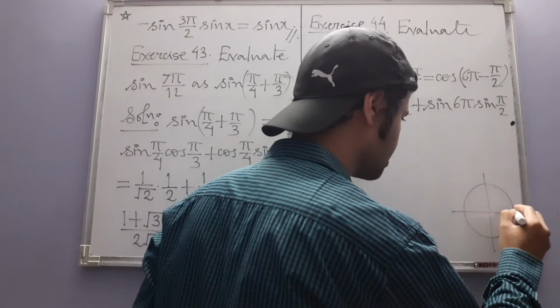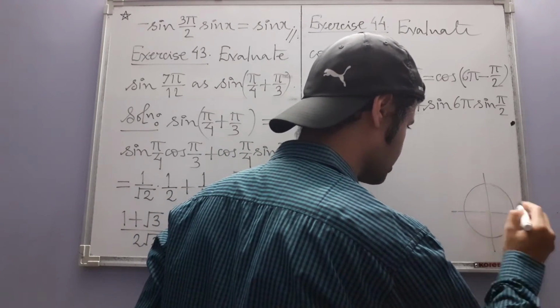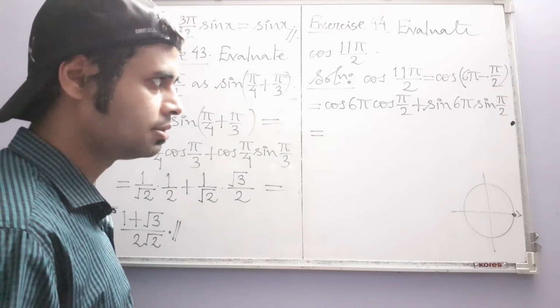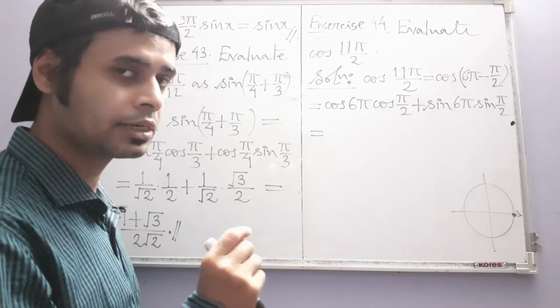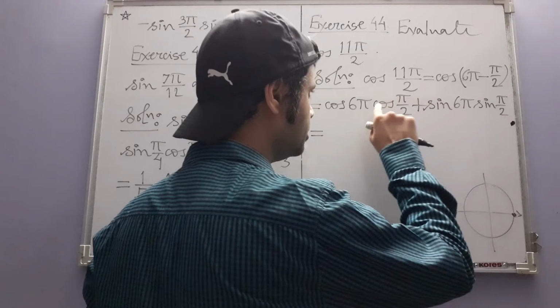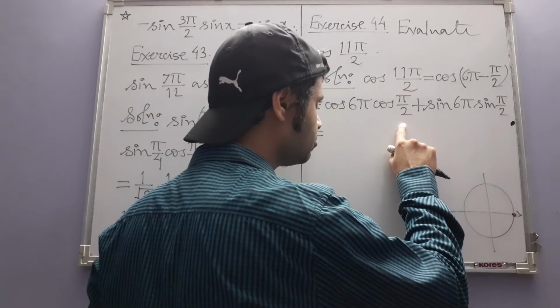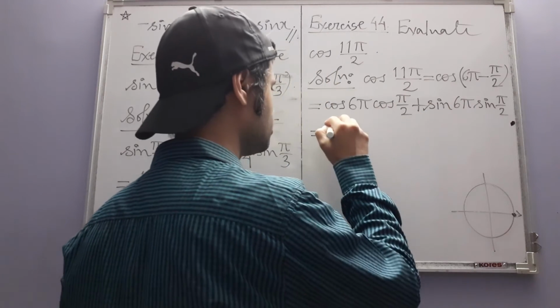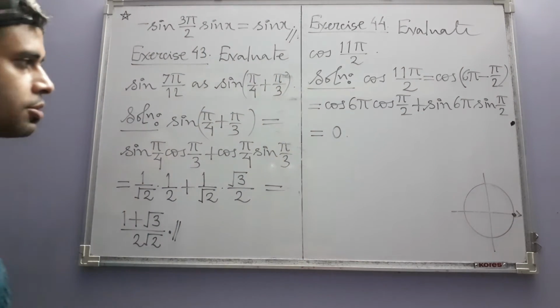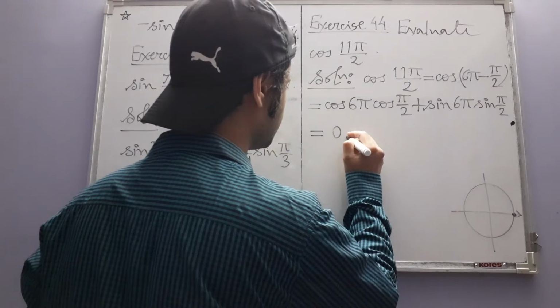So again it comes back to the same position as the initial ray, and the coordinates are 1 comma 0. So 1 comma 0, that y coordinate is the sine value, so this is 0. Cos pi over 2 is 0, sin 6 pi is also 0, so ultimately cos 11 pi over 2 is actually 0.